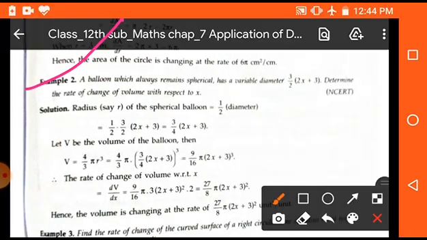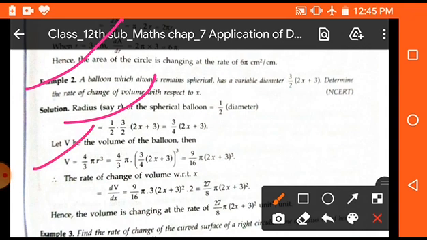Now take another example. A balloon which always remains spherical has a variable diameter 3 upon 2 times (2x plus 3). Determine the rate of change of volume with respect to x. That means here we have to find the change in volume with respect to radius. First of all, we find the radius, because the diameter is given, and radius is just half the diameter. Clear?